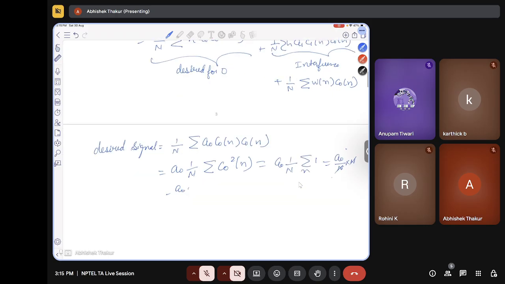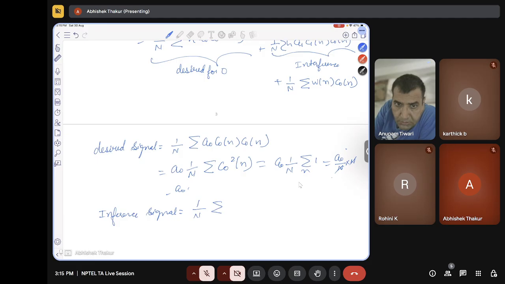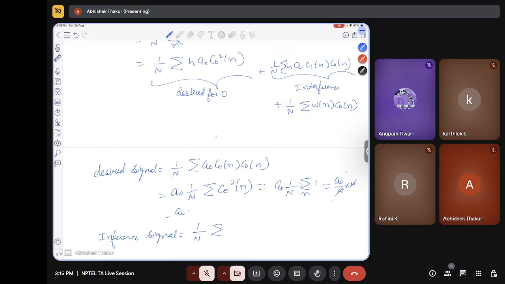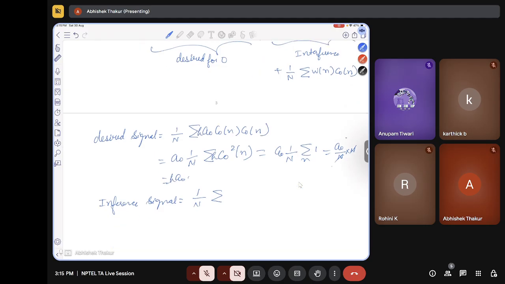The H will also come, so the desired signal is H A0.